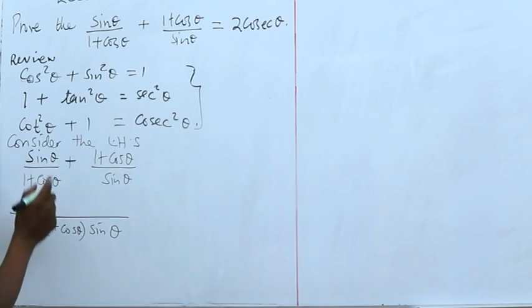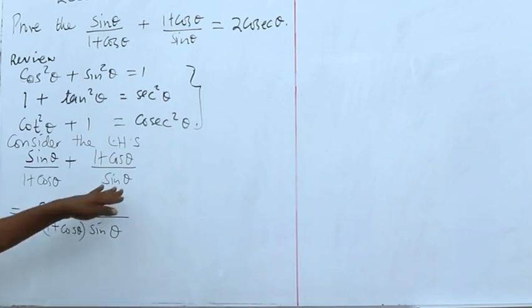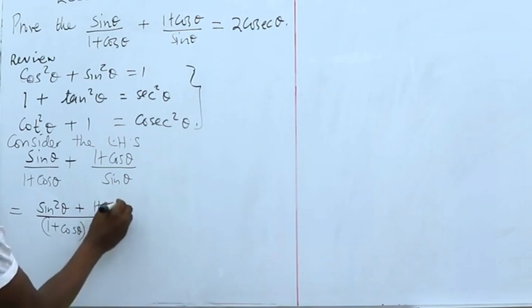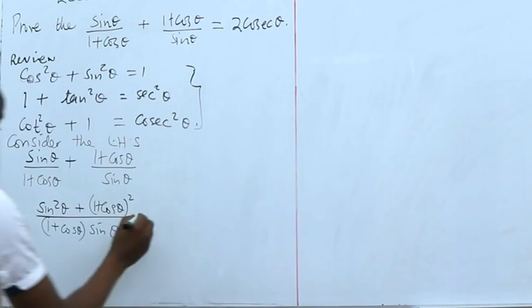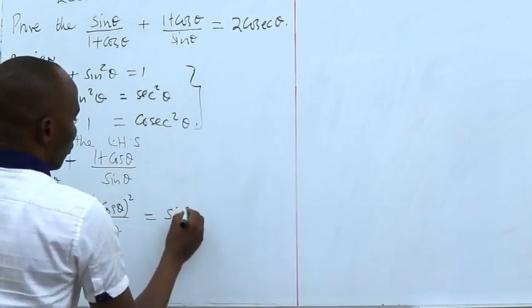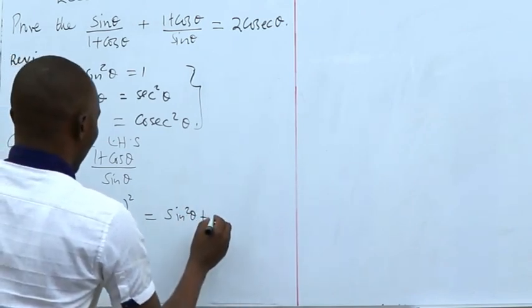So when you multiply with that element in the numerator, we end up with sine squared theta plus, now we have this with this, that one is 1 plus cos theta, everything squared, which gives us sine squared theta plus, now when we expand this, what do we get?